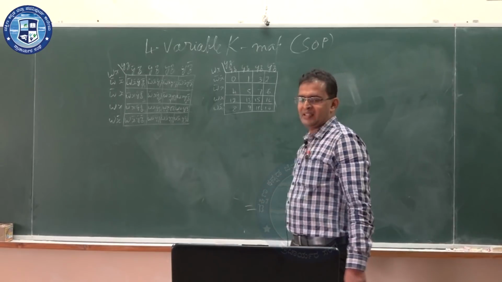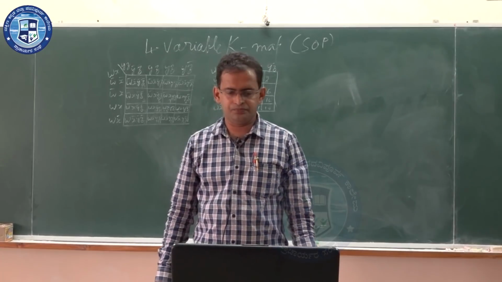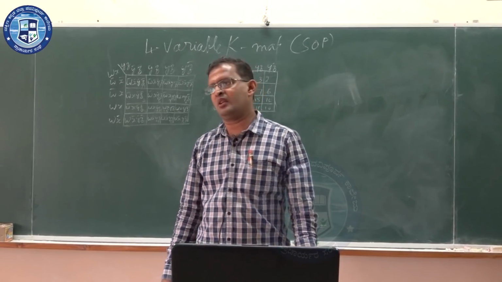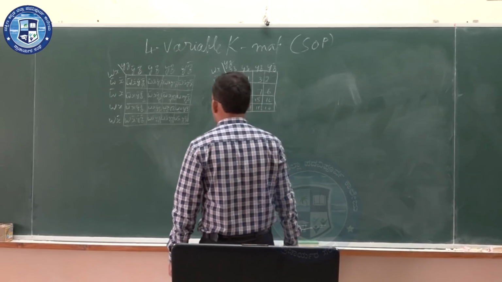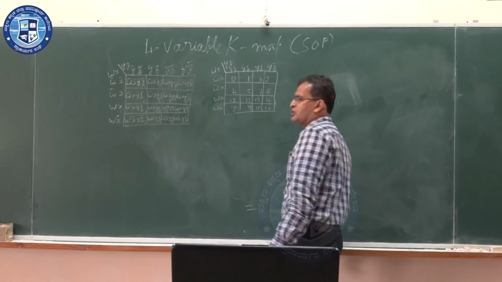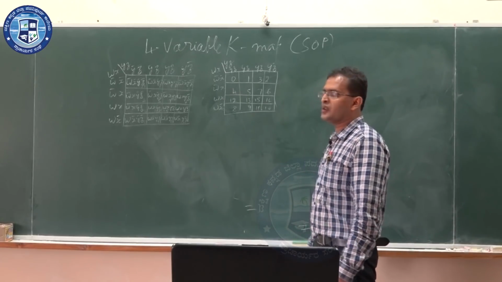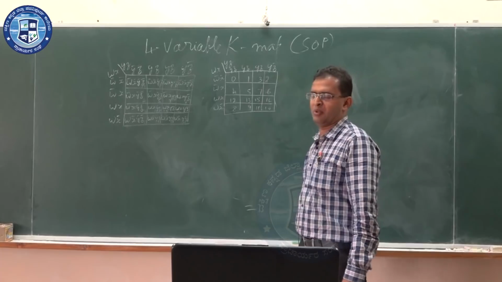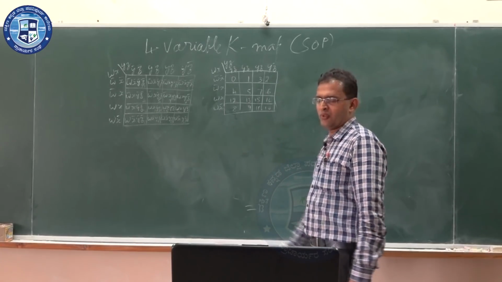Now, let me take an example for a 4 variable K-map. Please understand, in a 4 variable K-map, the mapping could be a pair, a quad and an octet, which I have not introduced to you in a 3 variable K-map. Octet I am introducing to you in a 4 variable K-map.